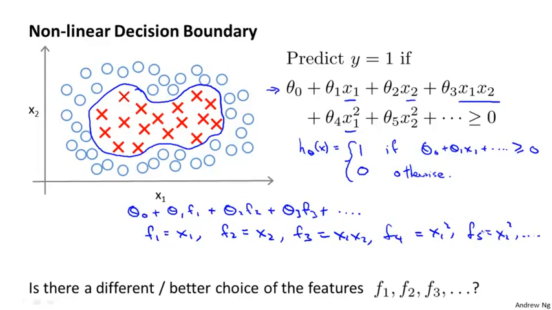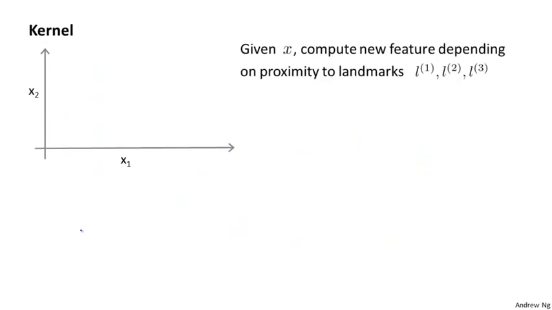Because it's not clear that these high-order polynomials are what we want, and when we talked about computer vision, when the input is an image with lots of pixels, we also saw how using high-order polynomials becomes very computationally expensive, because there are a lot of these high-order polynomial terms. So is there a different or a better choice of the features that we can use to plug into this sort of hypothesis form? So here's one idea for how to define new features f1, f2, f3.